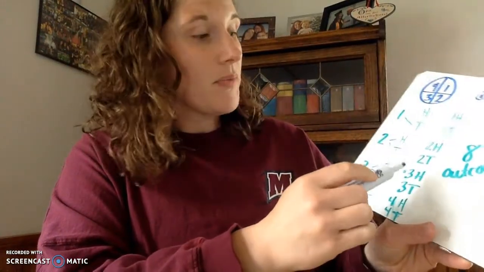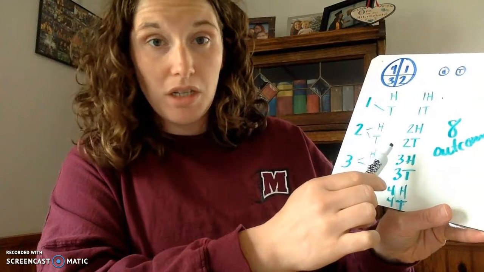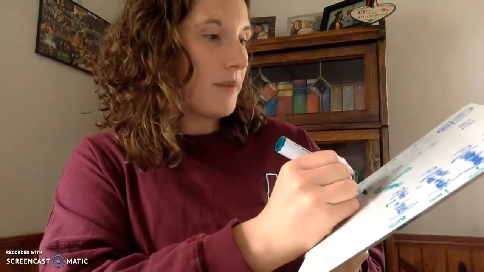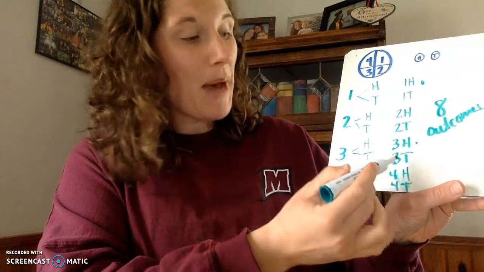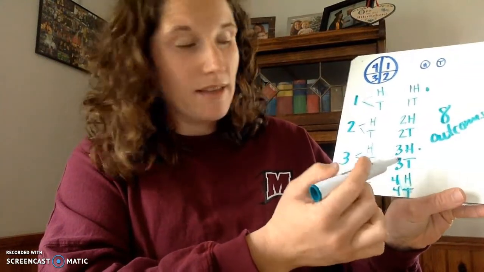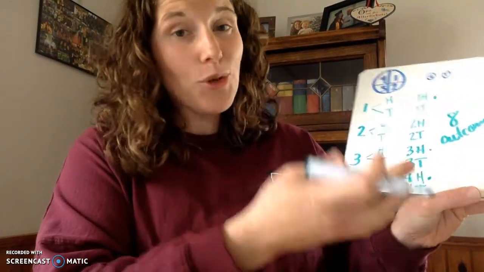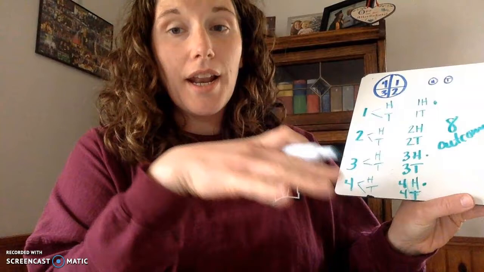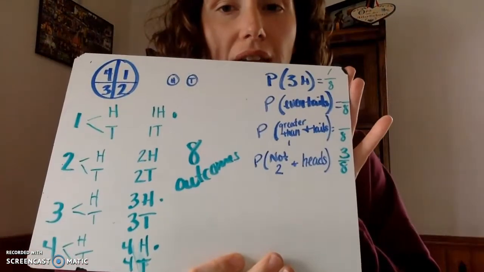We don't count those. Here I have a 3, which isn't a 2, and a heads. And then 3, which is not a 2, but it has a tails, and I want the heads. And then 4 and a heads, so that has a heads, and it's not 2. And 4 and a tails, again not a 2, but it has a tails, and I don't want that. So I count 1, 2, 3. So this one is 3 out of 8.